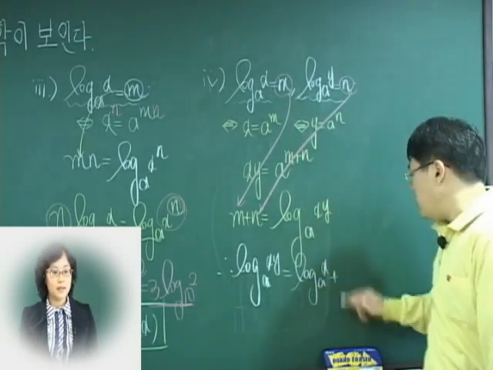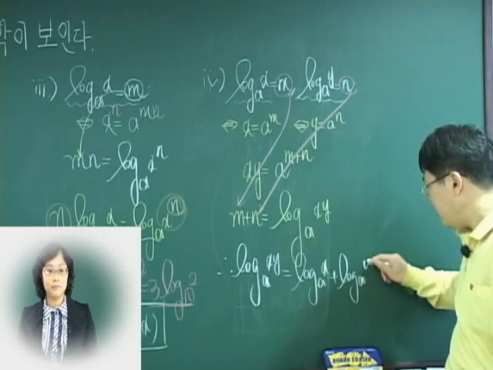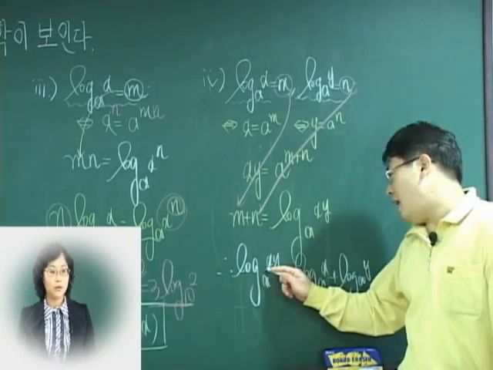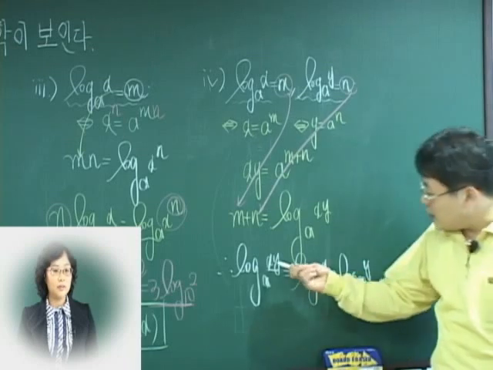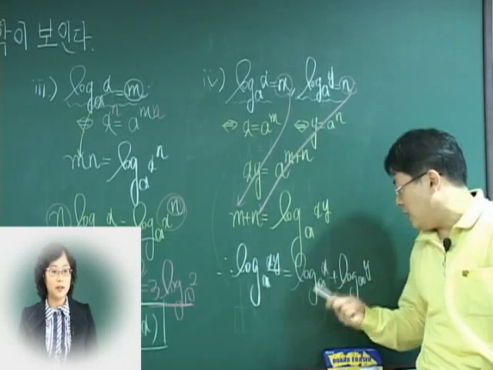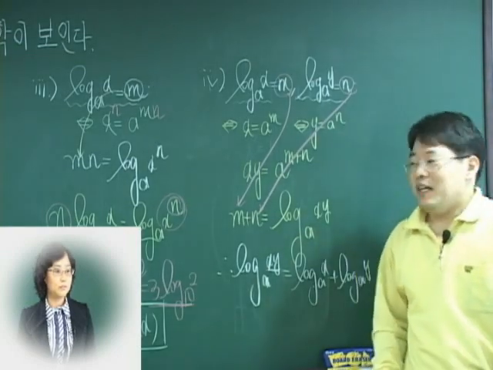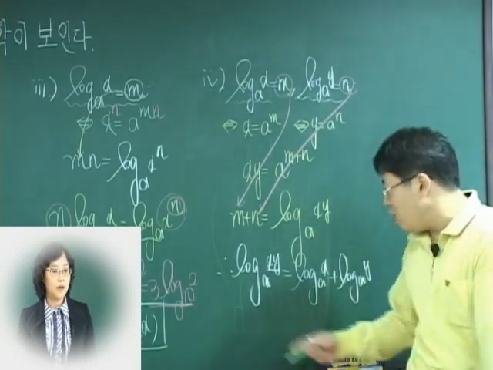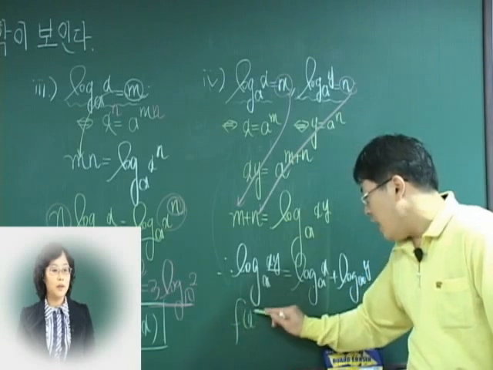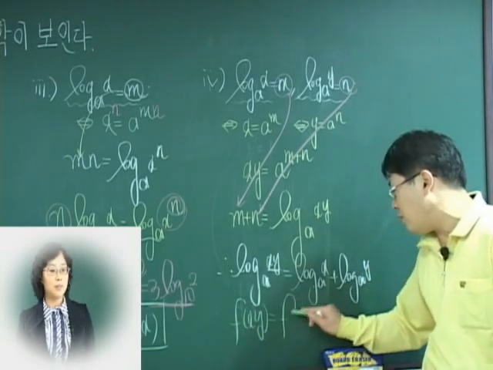Log base a of y. Oh. The multiplication of anti-logarithms becomes addition. Okay, apply this to the functional form: f of xy equals f of x plus f of y.